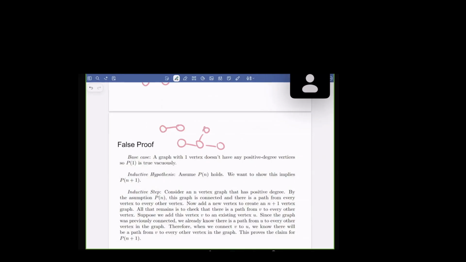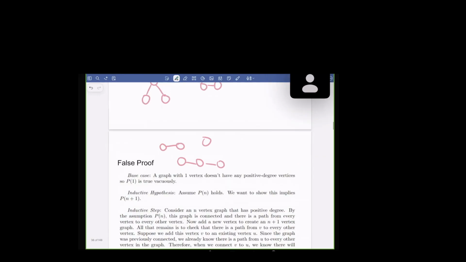But the issue with this is that there are different ways you can add the vertex. You don't necessarily always add it connected to this graph. You could also add it as a separate vertex, and that would not be connected. The buildup error is that the vertex you add has to have a positive degree, so it forces you to connect it to another node on this graph.